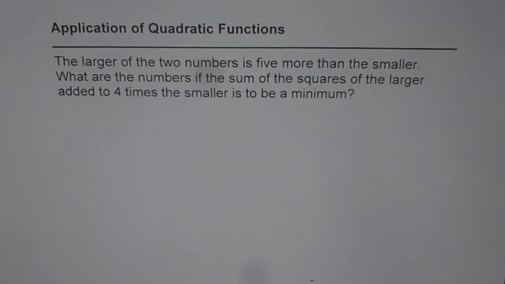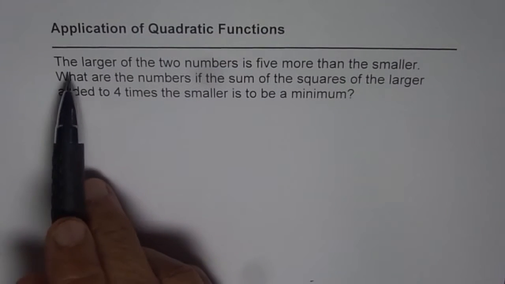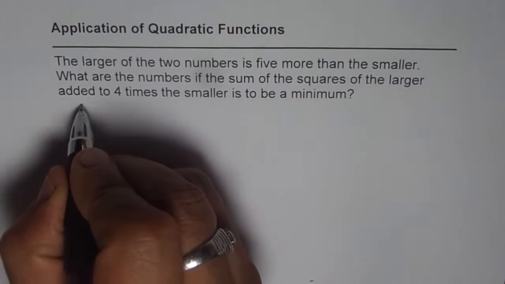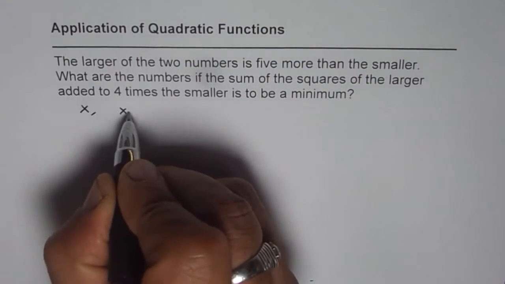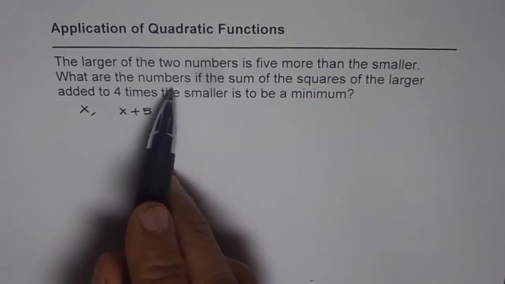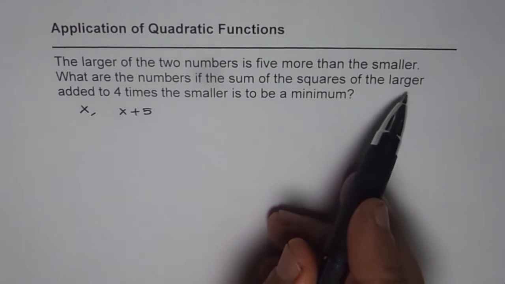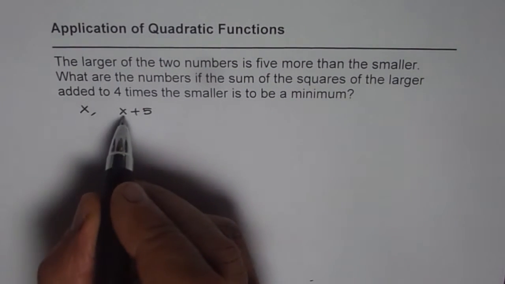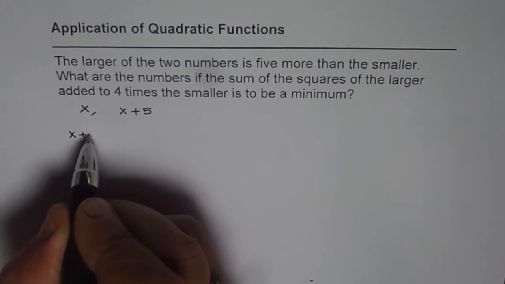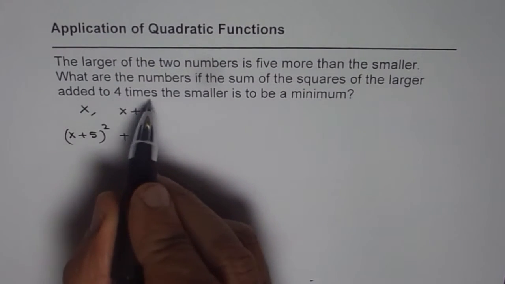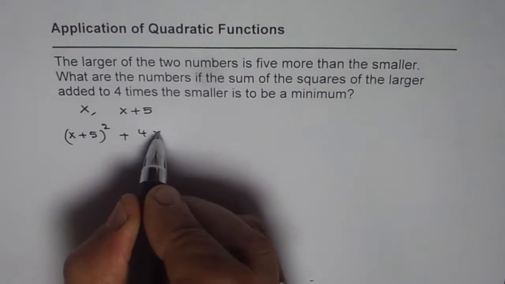Let us read this question once again. The larger of two numbers is 5 more than the smaller. So let us say one number is x, then the other one is x plus 5. What are the numbers if the sum of squares of the larger added to 4 times the smaller is to be minimum? Sum of squares of the larger, that means (x plus 5) squared, added to 4 times the smaller, that means 4 times x.